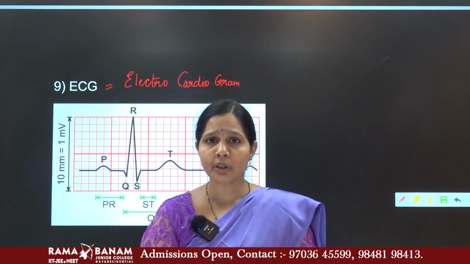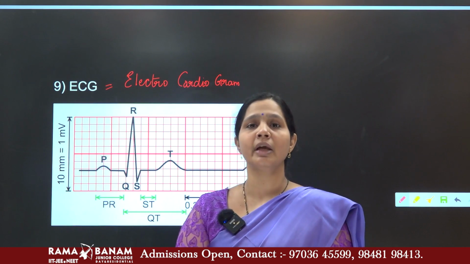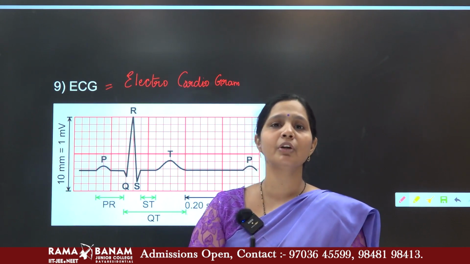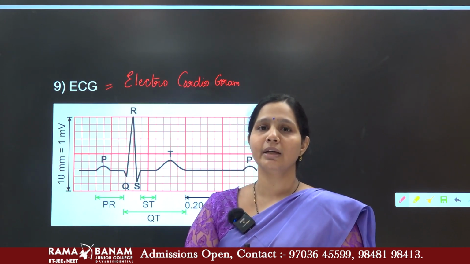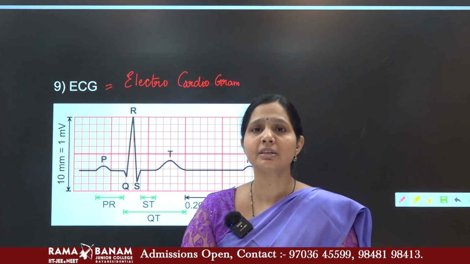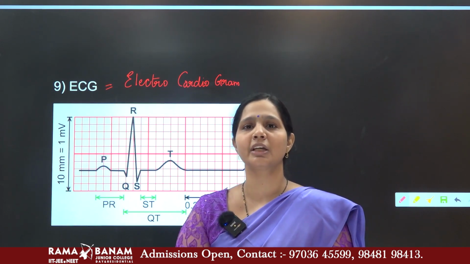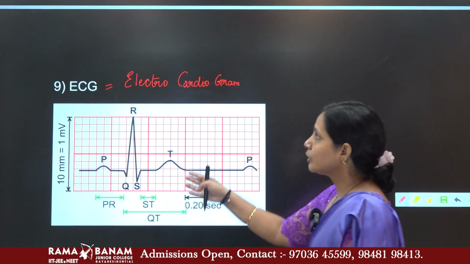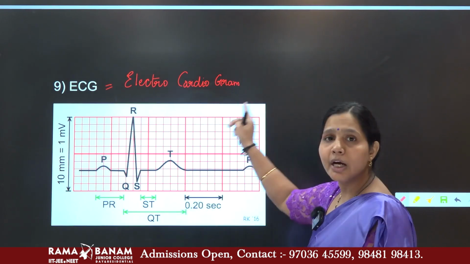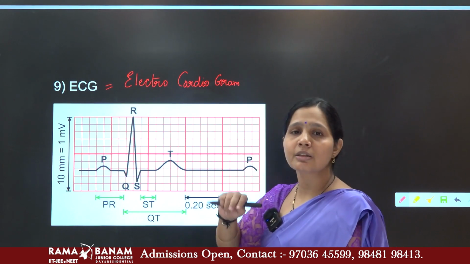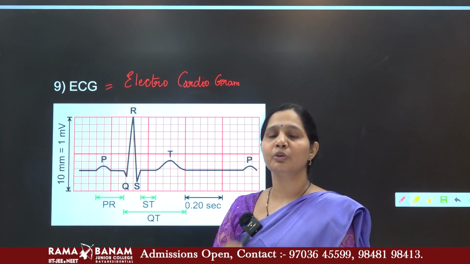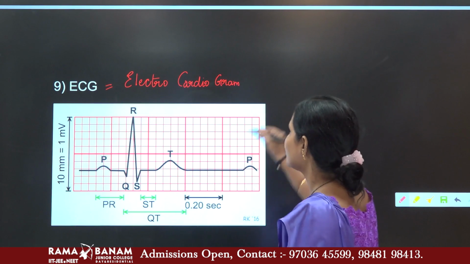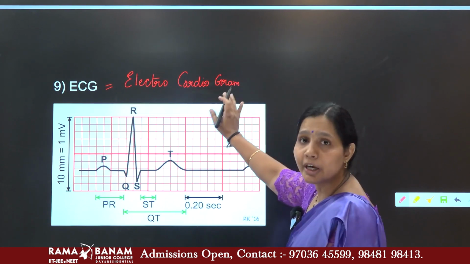For doing this, some electrodes, the lead electrodes, are placed at the level of the chest, legs and the arms to record this electrical activity that is taking place in the walls of the heart. That is what is known as ECG, electrocardiogram, and the diagnostic tool to observe this is known as electrocardiograph.